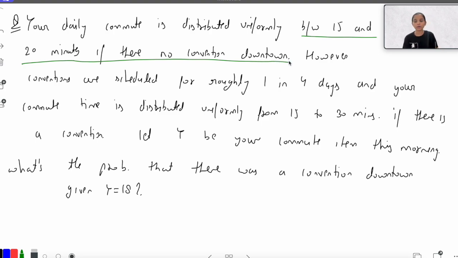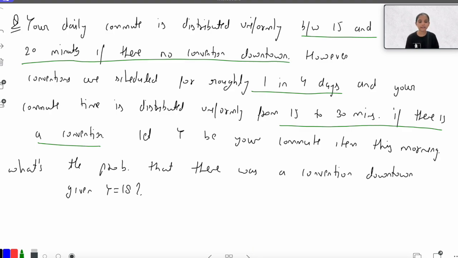However, conventions are scheduled for roughly 1 in 4 days, and your commute time is distributed uniformly from 15 to 30 minutes if there is a convention. Let Y be your commute time this morning. Then they are asking what's the probability that there was a convention downtown given Y is equal to 18.